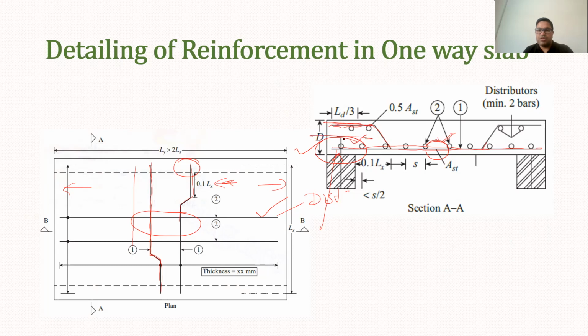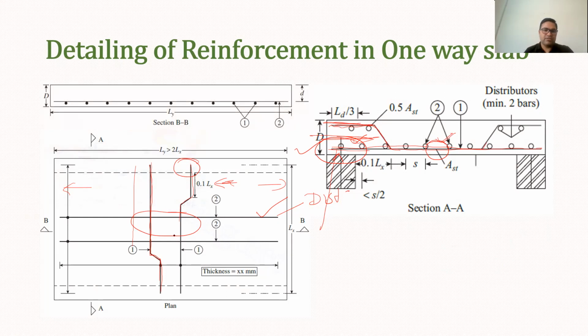We are considering only the tension reinforcement, which is below the neutral axis. Because we know that the bending moment at the support is 0, we can provide less reinforcement at the bottom. And this bent up reinforcement generally resists the shear also. That is why we make this bent up reinforcement.